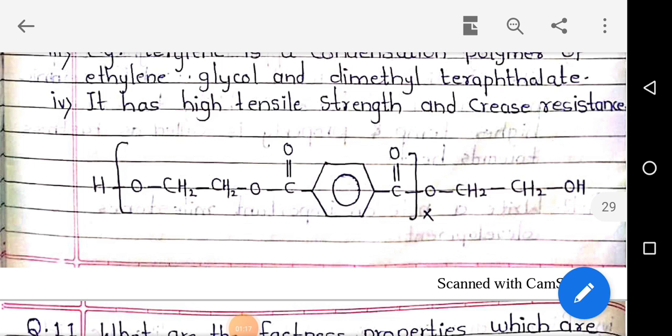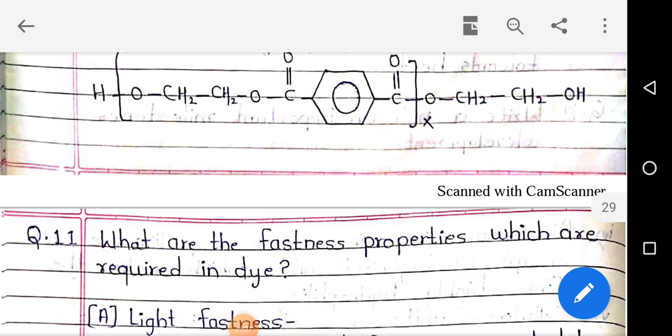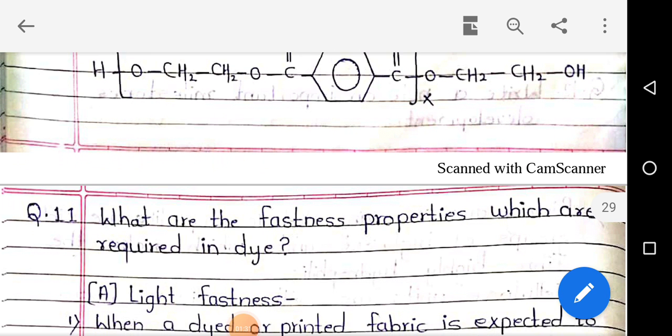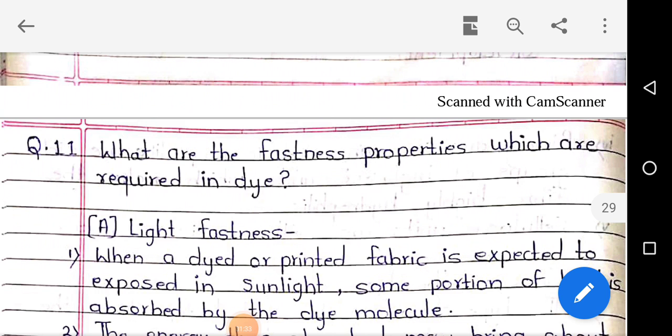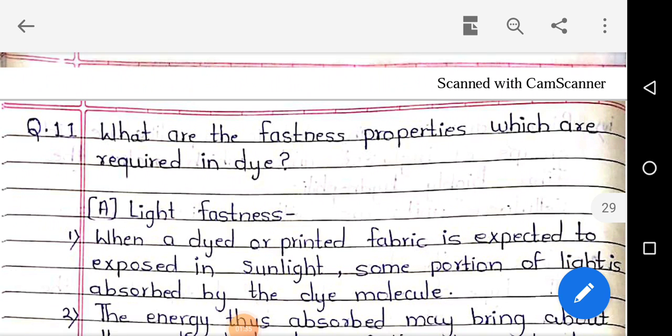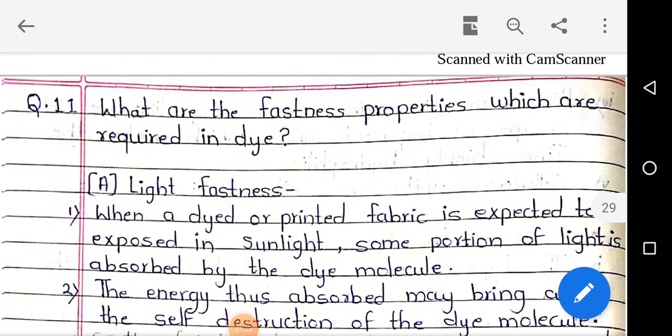One is C double bond O, another is C double bond O, meaning ester groups, along with CH2, that is the ethylene group. So this is the main polymeric chain attached to the polyester chain.